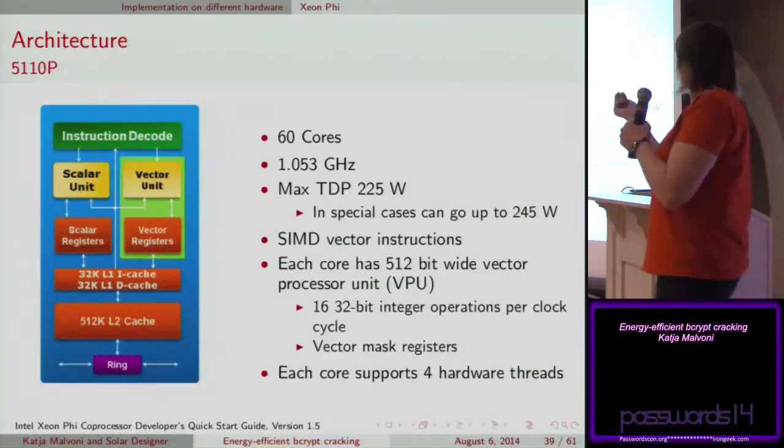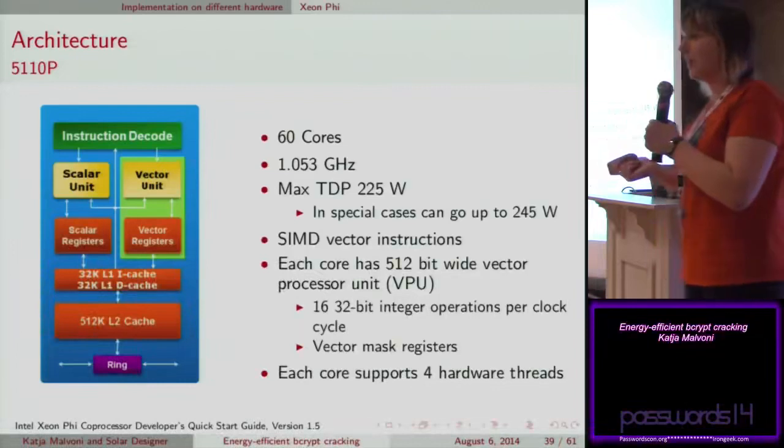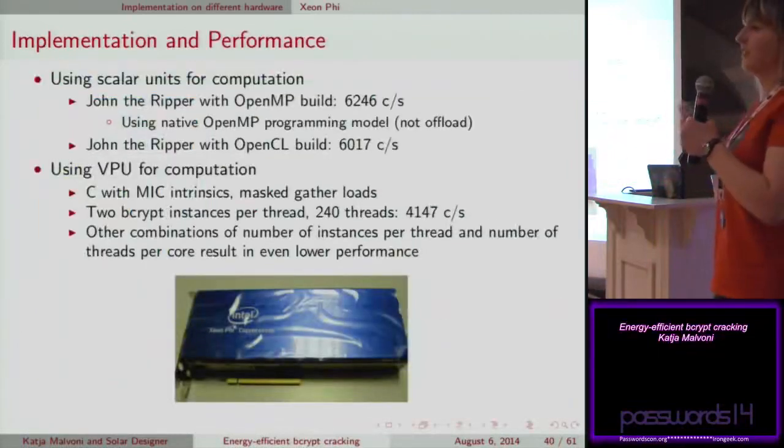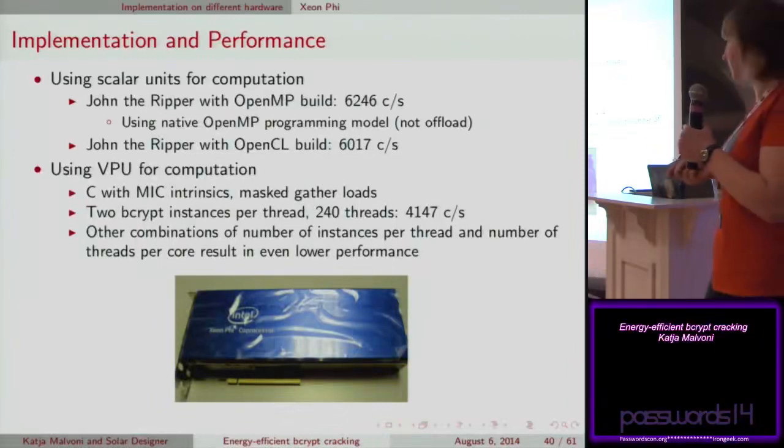And each core supports 4 hardware threads. So first we used John the Ripper with existing builds, OpenMP and OpenCL. OpenMP is a bit higher with 6,200 cracks per second.